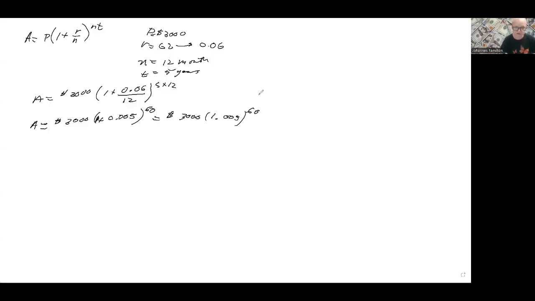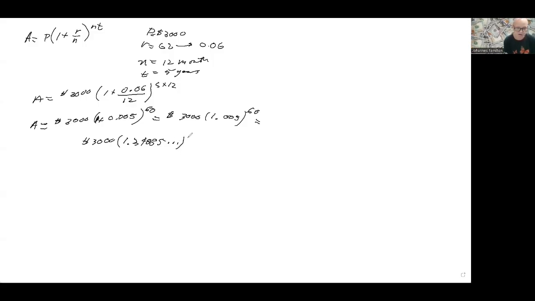And then we plug that into our calculator to get $3,000 times, note that we're only powering the 1.005, and we take that to the 60th power to get this whole long number, meaning it's long after the decimal point. So we write as many decimals as we can, or we just keep it in the calculator.